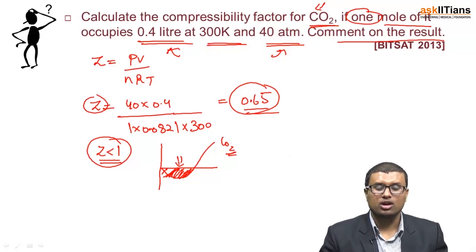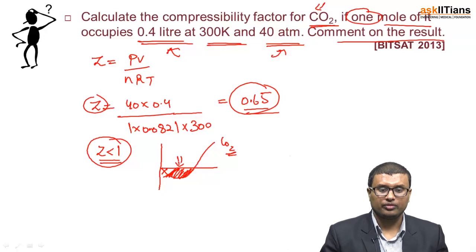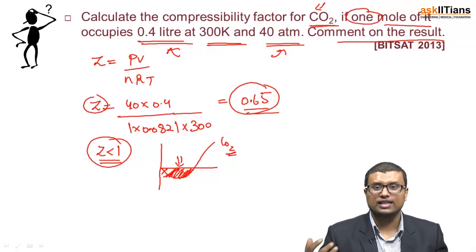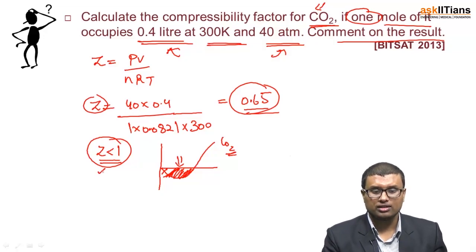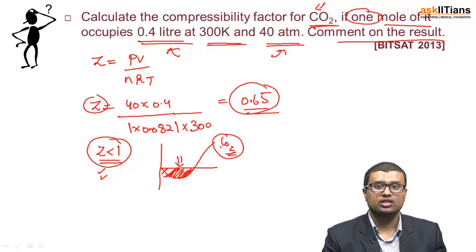That is the important outcome which can be understood from the answer of Z value less than 1. So the result is that CO2 can be compressed further. So this is an important question related to your compressibility factor and your understanding of the plots of Z.